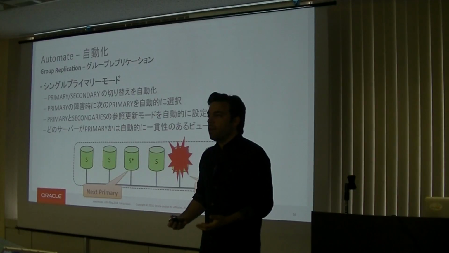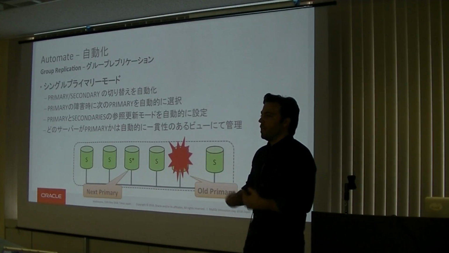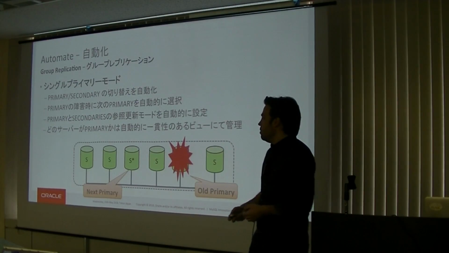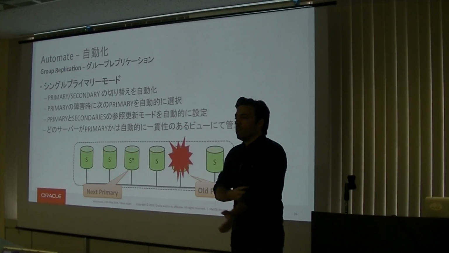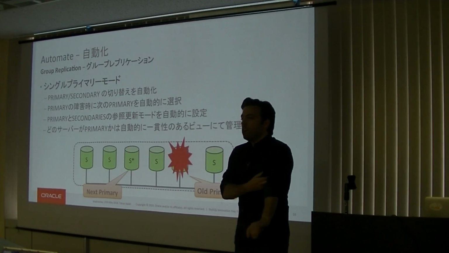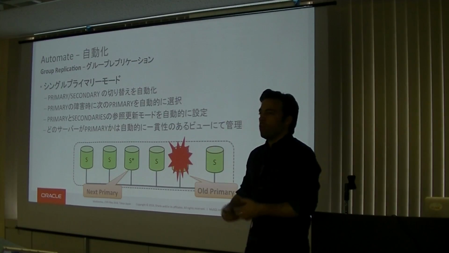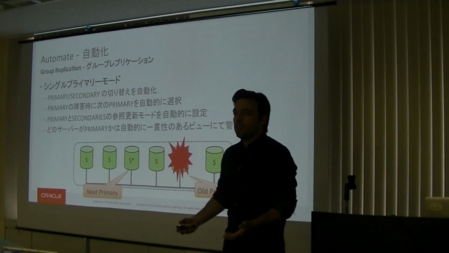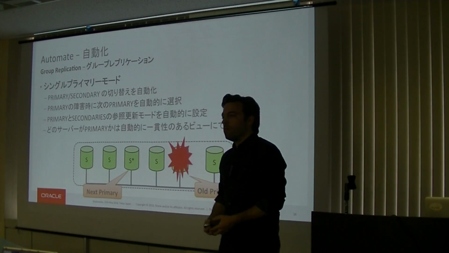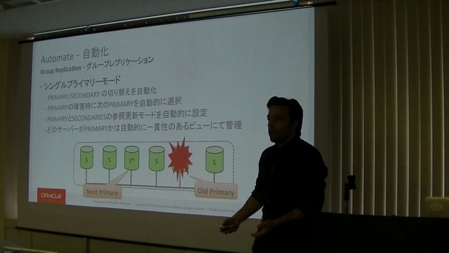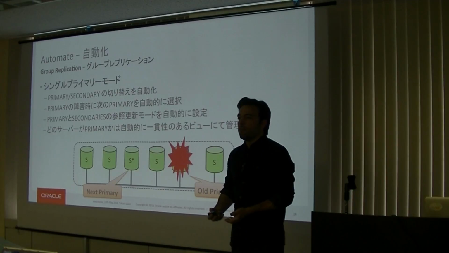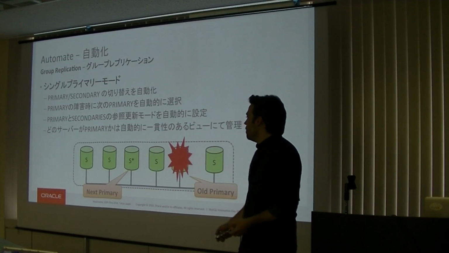If it's unable to achieve something, it will delegate its responsibility to the DBA to go in and resolve things. But as long as the group is set up in a way that, if you want to tolerate one failure, you need 3 servers, so that at least you get a quorum of 2. If you want to tolerate 2 failures, you need 5 servers, so that you have a quorum of 3 out of 5.